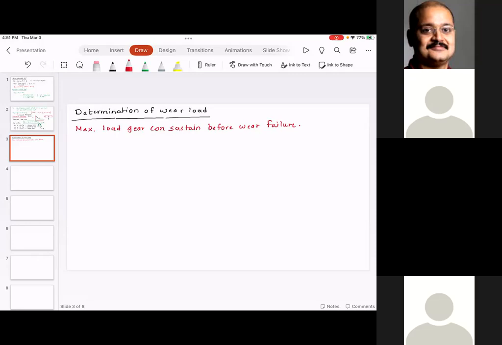But as the gear continuously meshes and the teeth come in contact, more and more material gets removed, and finally the gear teeth wear out. So the maximum load that can be sustained before wear is given by this equation: WW, which is the wear load, is given as dP times B times Q times K. This again is the Buckingham equation.